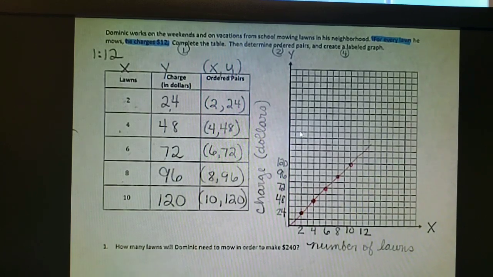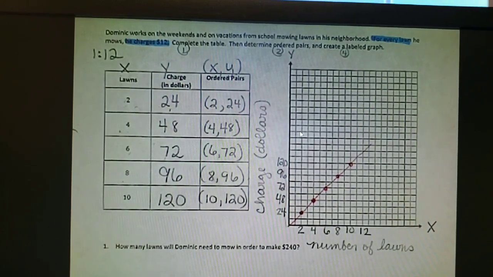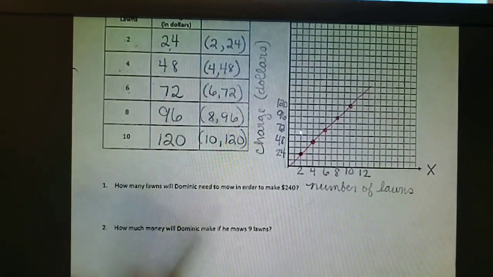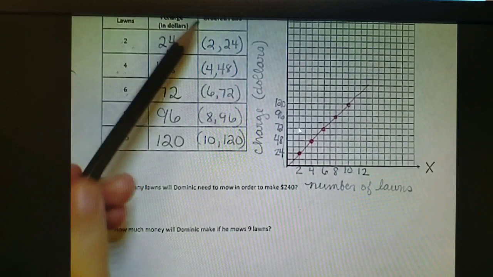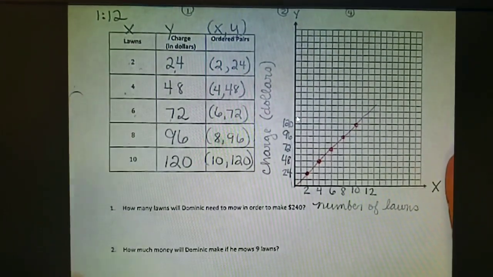Okay, I'm not going to go over answering the questions on here because that's not really something you need to be able to do your homework, but I just want to quickly remind you how to turn this ratio table into a double number line.